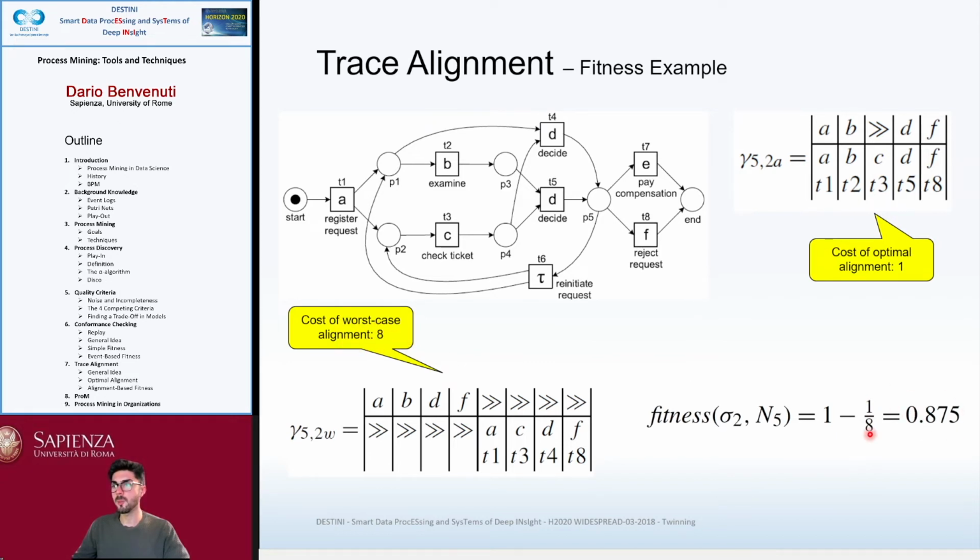And so we end up with 0.875 for this case. So a number like that, of course, since it is very close to 1, it's a nice fitness, and we can say that this particular trace A, B, D, F fits quite perfectly in the model that we have.